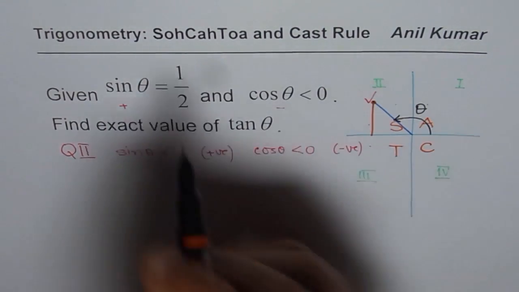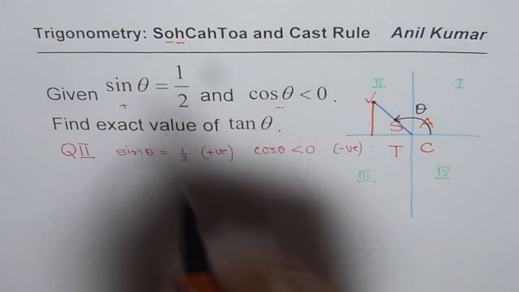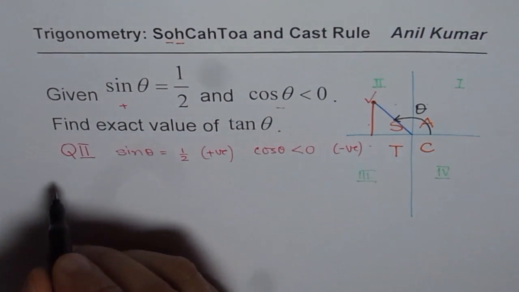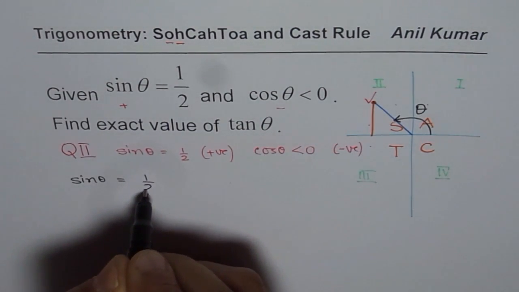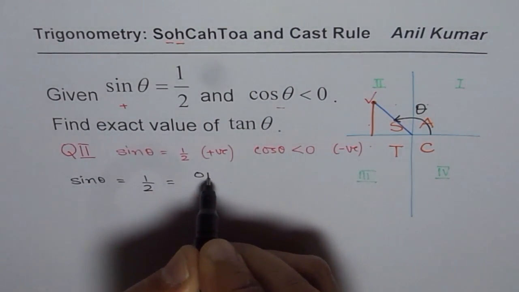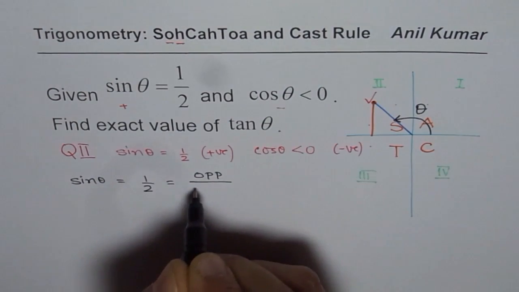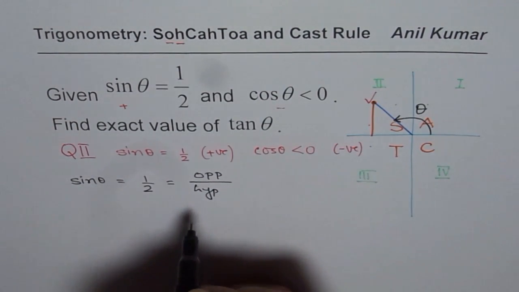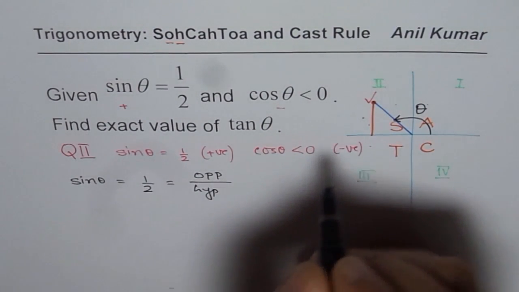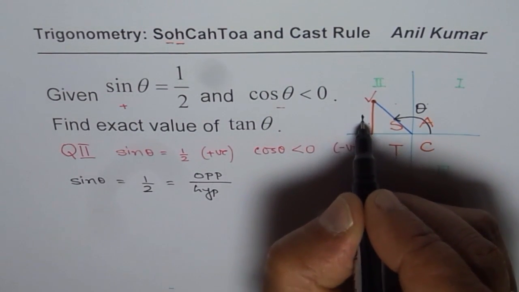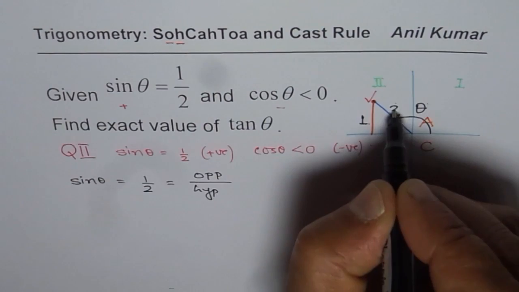So sine theta is opposite over hypotenuse. Since sine theta equals half, it really means that the ratio of opposite side to hypotenuse is half. So here the opposite side is this one. So we can say that this side is 1 and the hypotenuse is 2.